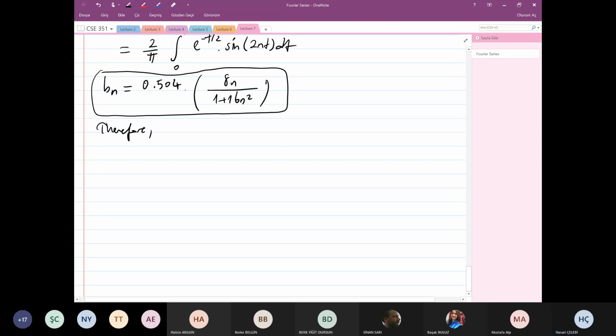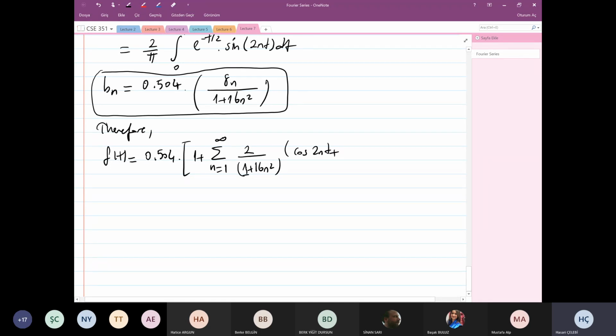Therefore, let's plug all these values into the equation for a0, an, and bn, and it's going to be equal to 0.04 times 1 plus the sum from n equals 1 to infinity of 2 over 16n squared times cosine 2nt plus 4n times sine 2nt.